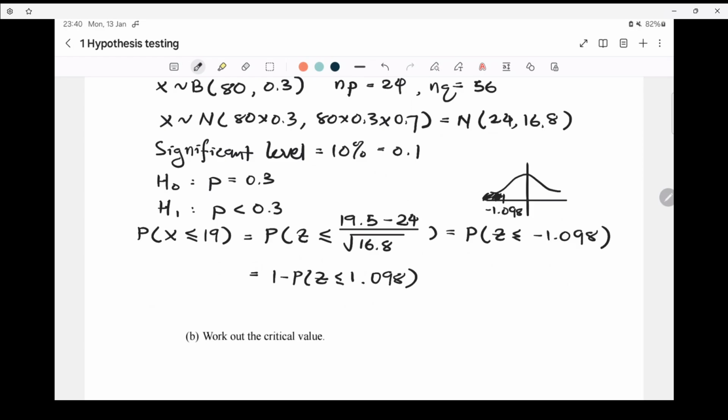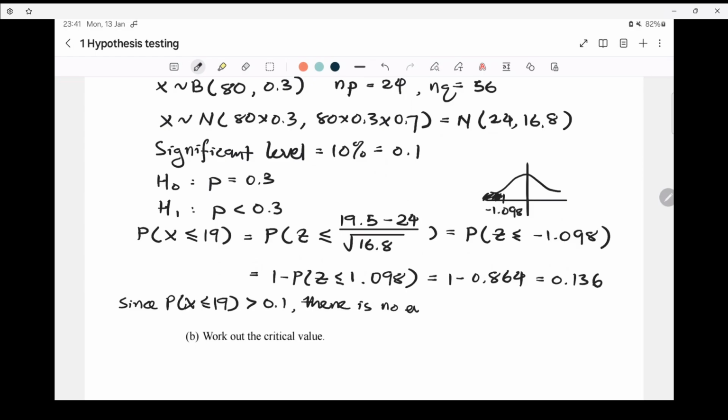Okay, so that's why you have 1 minus 0.864, and this is 0.136. So this is actually more than 0.1. So since P(X ≤ 19) is more than 0.1, there is no evidence to reject your claim.